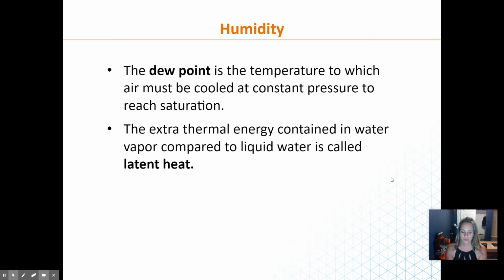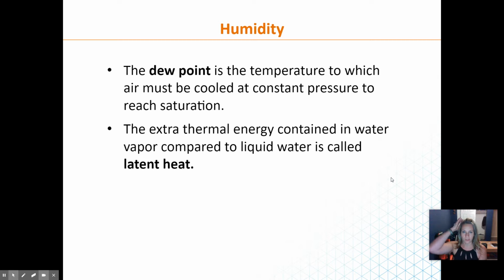If the temperature drops to 40 degrees, then the saturation is going to go up, and maybe that will put it at 100%. So that's why we often see dew on the grass or on cars in the morning, especially when it starts to get colder, because we've reached the saturation point. And so that would be the dew point.